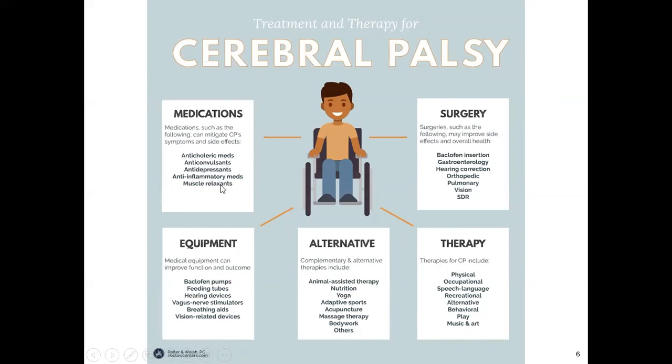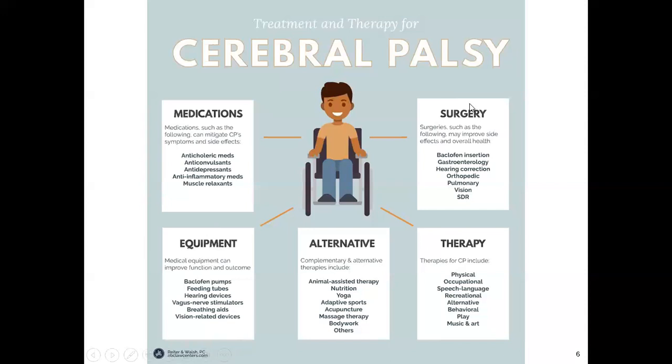Speech therapy, okay, physical, occupational, speech-language, right, behavioral therapy, and also assisted living. What does it mean? They need some special equipment, assistive devices, or orthopedic surgery can help.